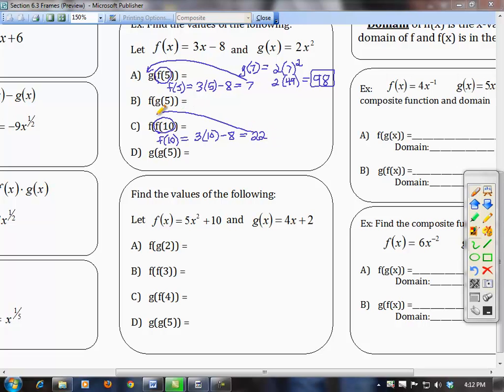So the 22 is now going to be plugged back into the f function again because f is on the outside. So if I do f again, now with my 22, I'm going to say 3 times 22 minus 8. Well, 3 times 22 is 66, and 66 minus 8 is 58.